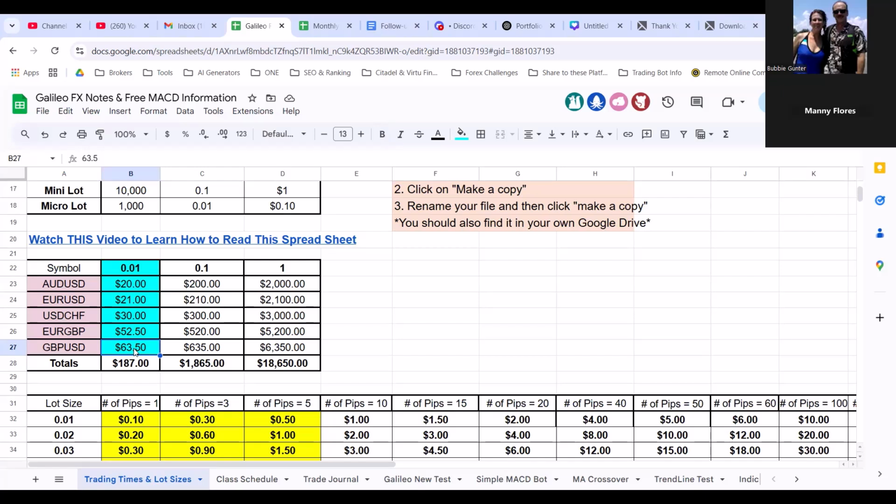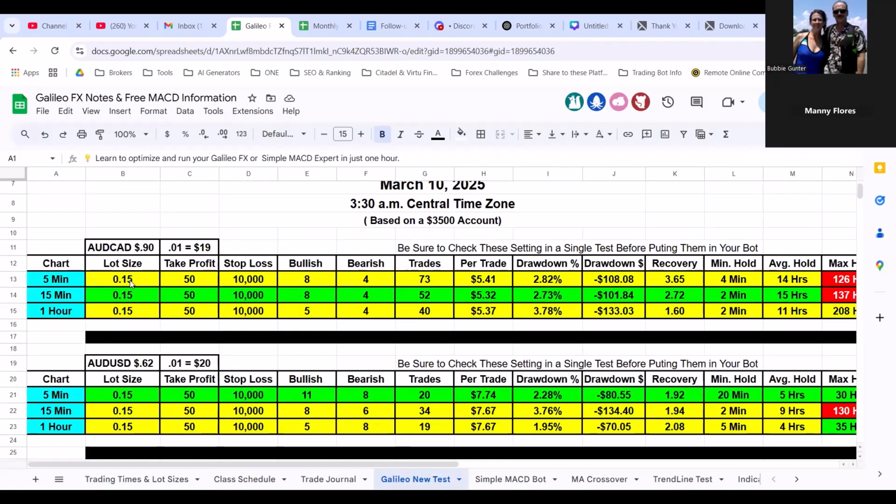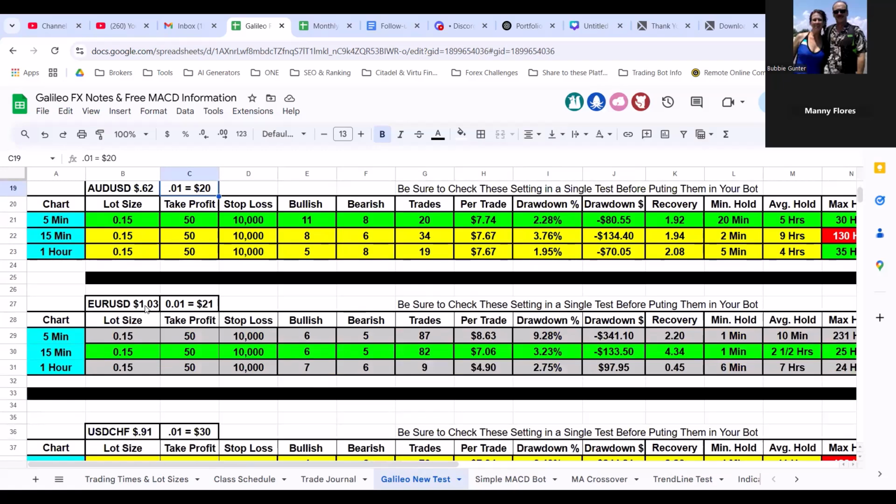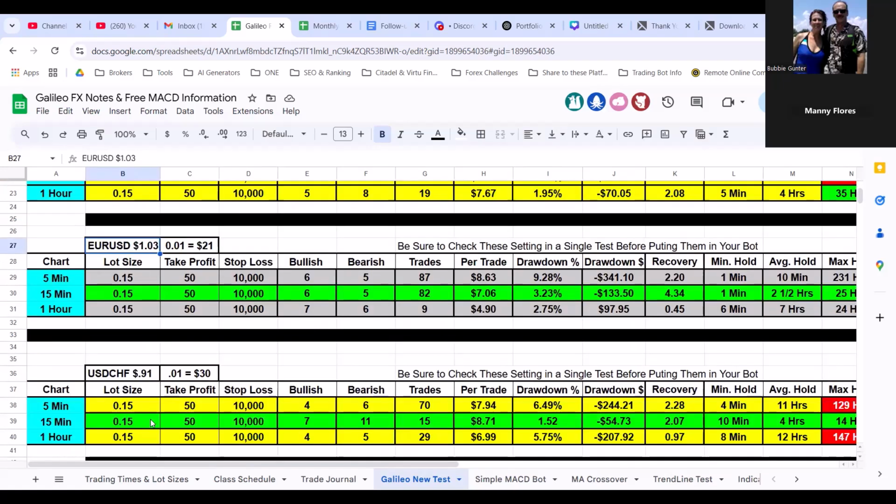So I jump my Australian US dollar. If you look right here, 0.15. That's because it only costs $19 for each contract. 0.15 because it costs $20. It costs $21 for the Euro USD.